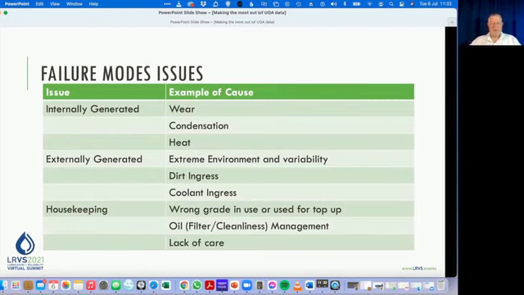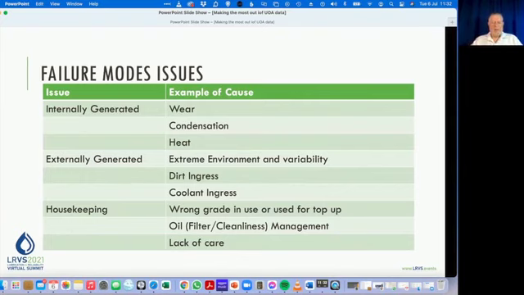And housekeeping, for instance, not using the right oil, not writing the right name on the sample pot, not cleaning filters, not changing them often enough, or general lack of care or ignoring systems so they deteriorate to a point of fault or functional failure when we could have actually maintained them in a light way and prevented that.